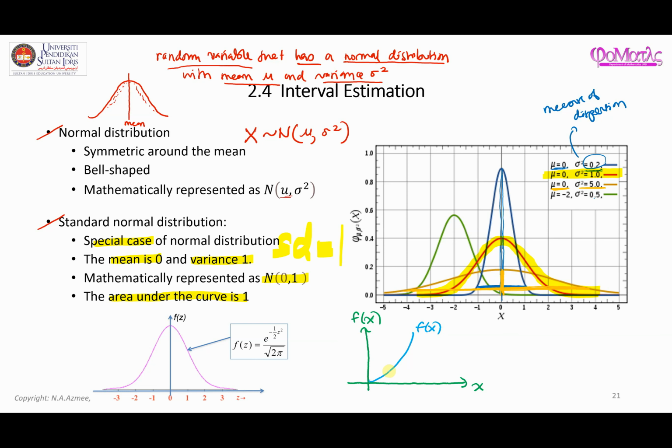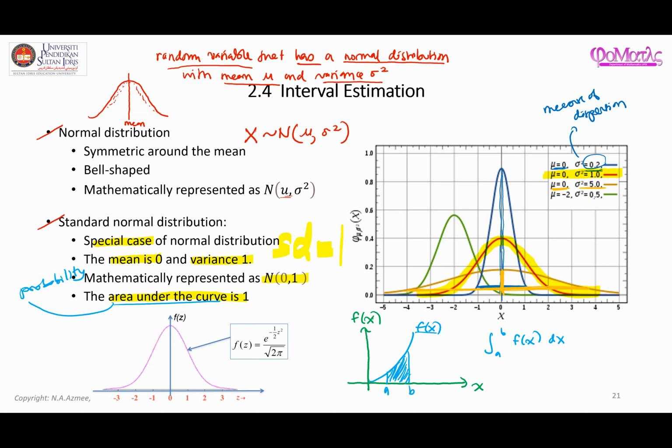If you consider the points a and b, and you integrate this function f(x) with the limits from a to b, what you get is the area under the curve. So in statistics, the area under the curve is also known as probability.